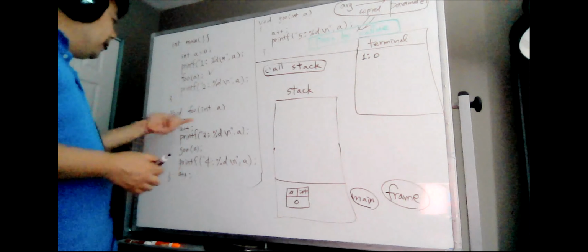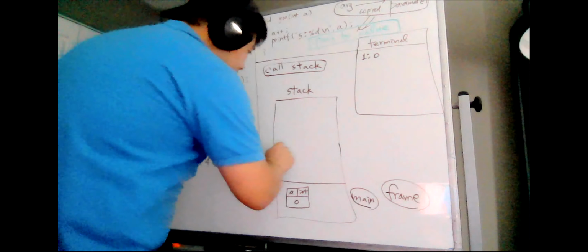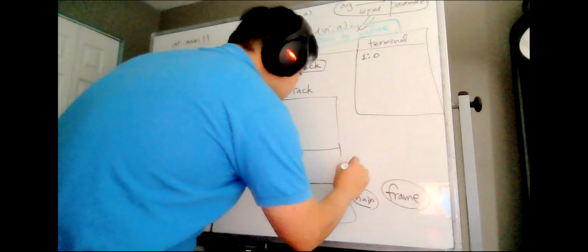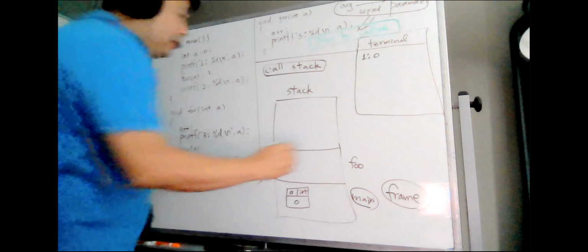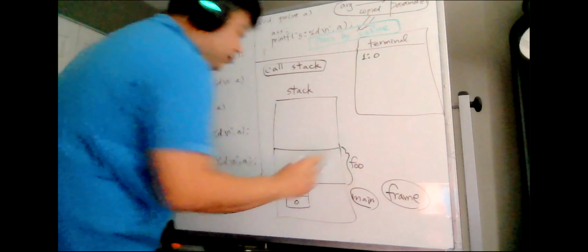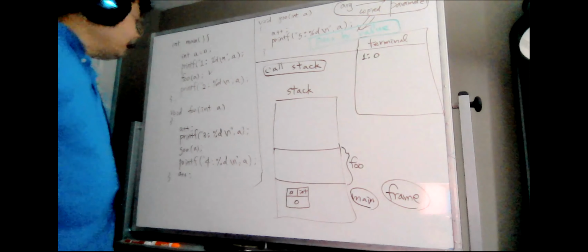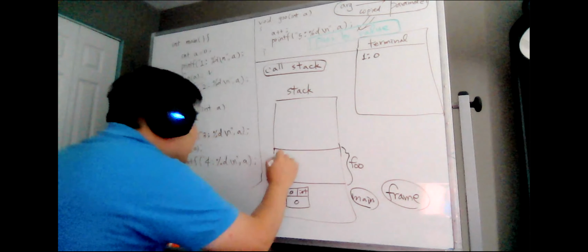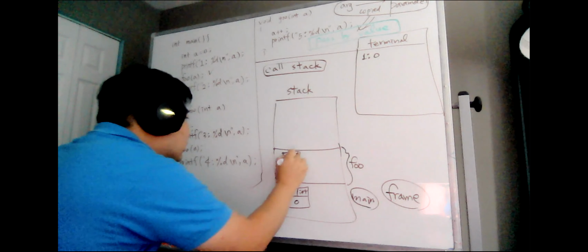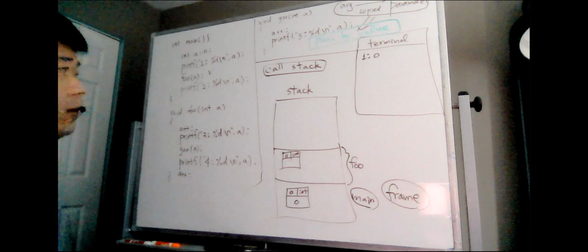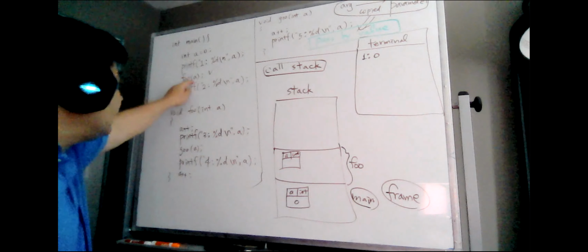When the function is called, a new stack frame for function foo will be established. This is the stack frame for foo, and you will have the input parameter lying here. Remember, the A in main is this guy.